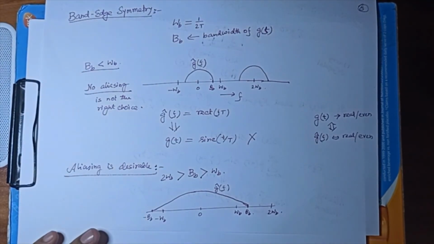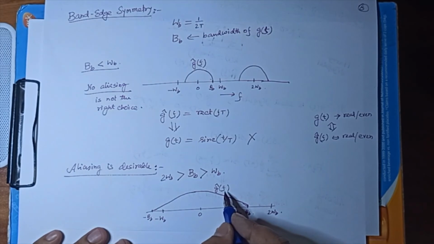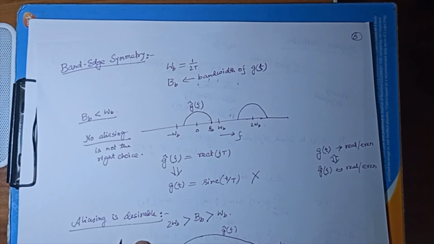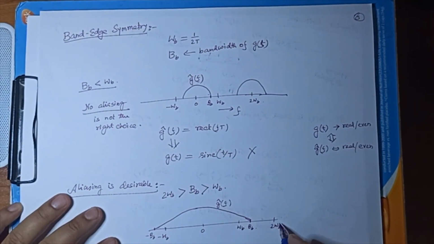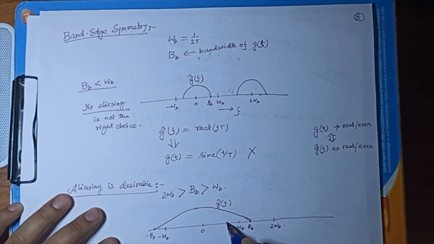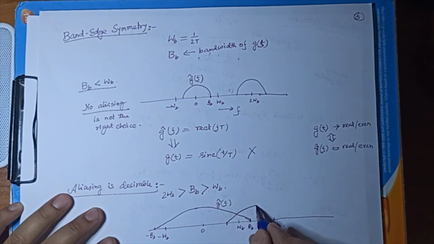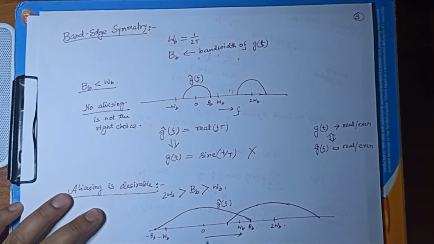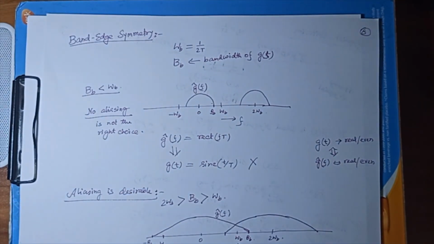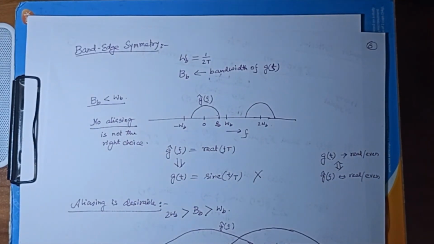Now what is G hat F minus 1 by T? That will be basically around this 2WB, so it will have something like that. Within that interval of 0 and WB, because that is where the rectangular pulse is defined, how many maximum overlaps can we get?